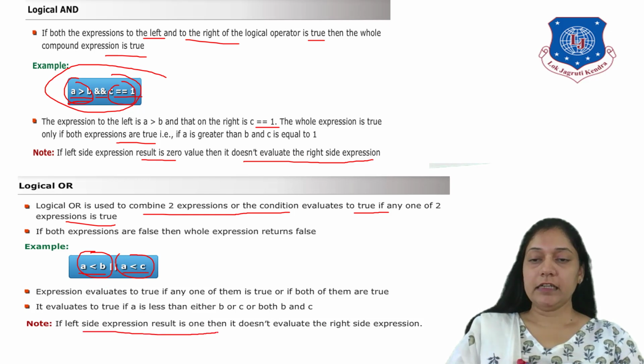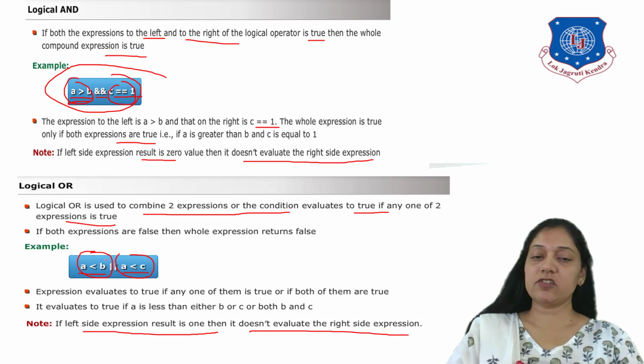Another important thing here is, if the left side expression result is 1, that is true, then it does not evaluate the right expression, because in this operation, if the first is true, then it will not go and check the next expression. It will directly give you true. But if the first expression is false, then it will check the second one, and if the second one is true, the output is true. If the second one is false, the output is false. So these are three different types of logical operators.